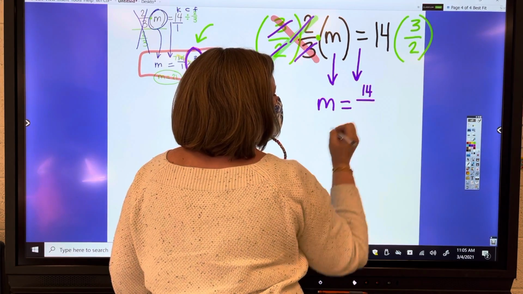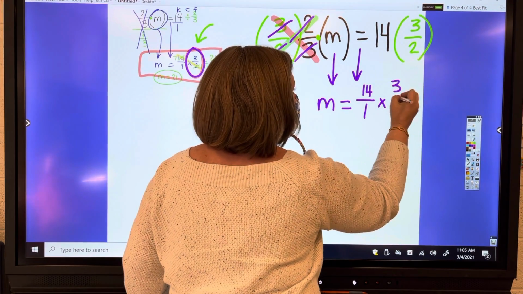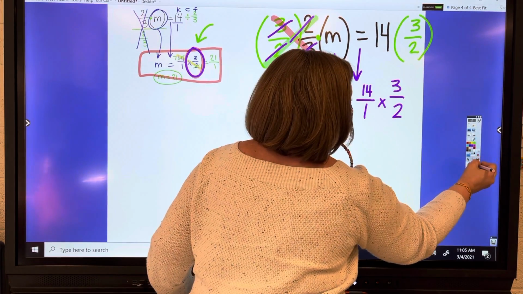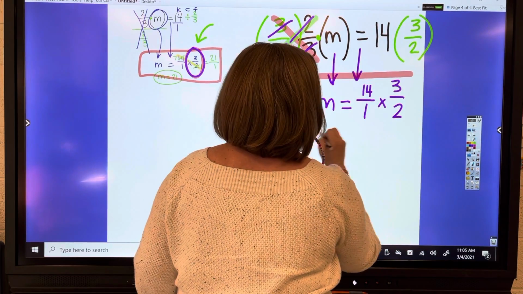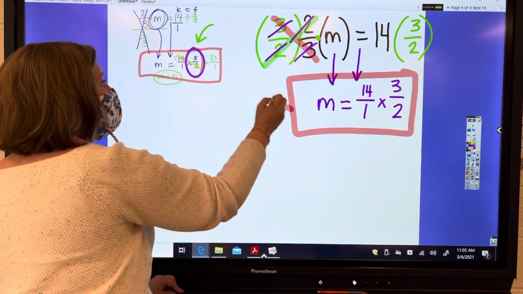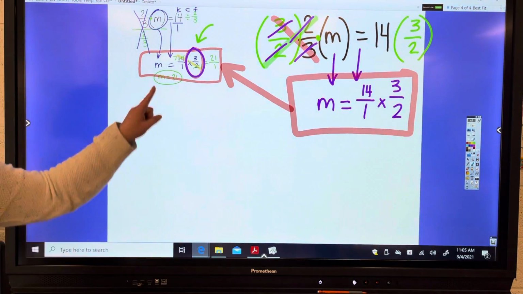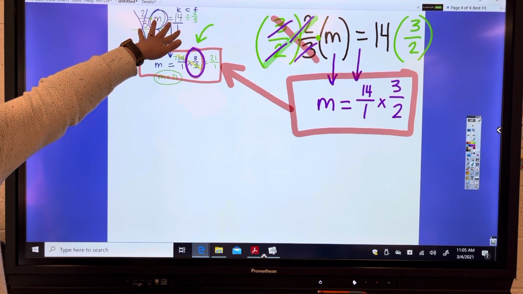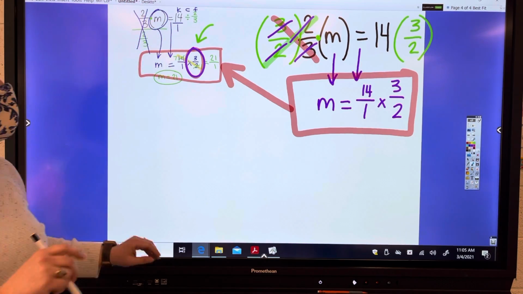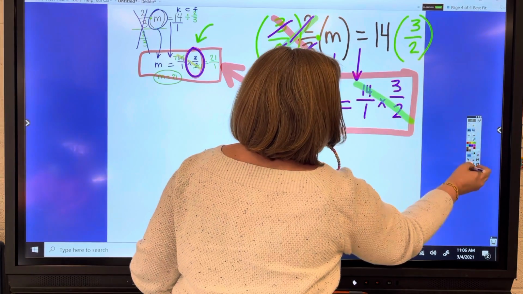I have my equal sign, and I have 14. What do I need to do to the 14? Times 3/2. Now, is this step right here the same thing that we had over here? Yes. We just skipped this part right here. That's all we did. We took a shortcut. So here, what can I simplify first?